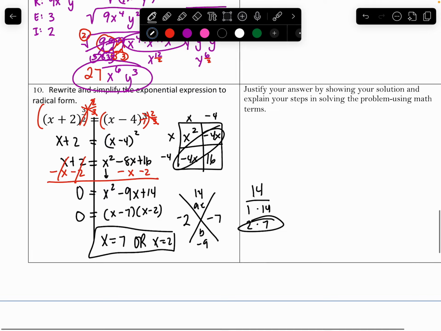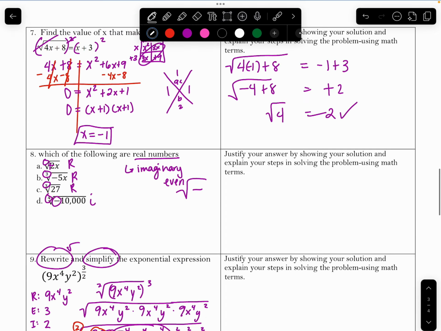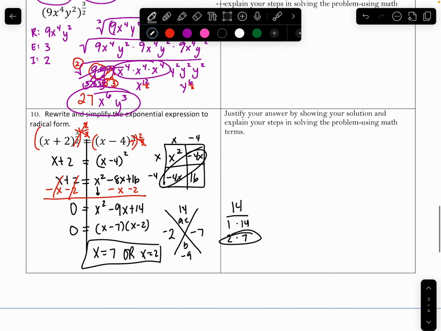But you have to check. It's not as easy as number 7, where you only have to check once. So we have x equals 7. Let's plug it in. Go ahead and rewrite it into radical form. So this is the square root of 7 plus 2 cubed, because the index would be 2.